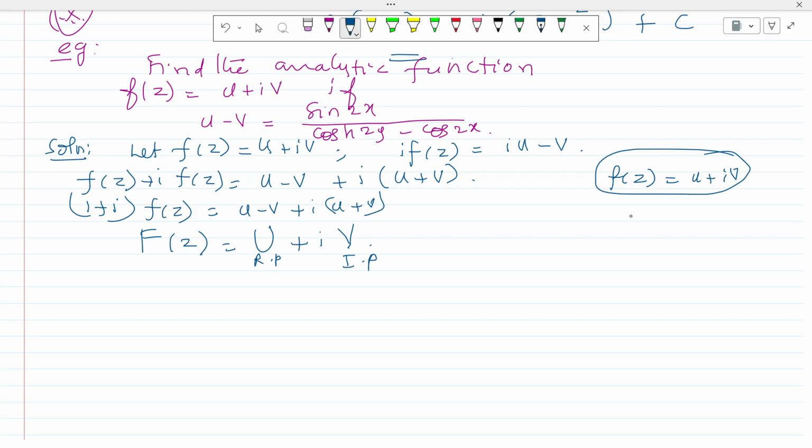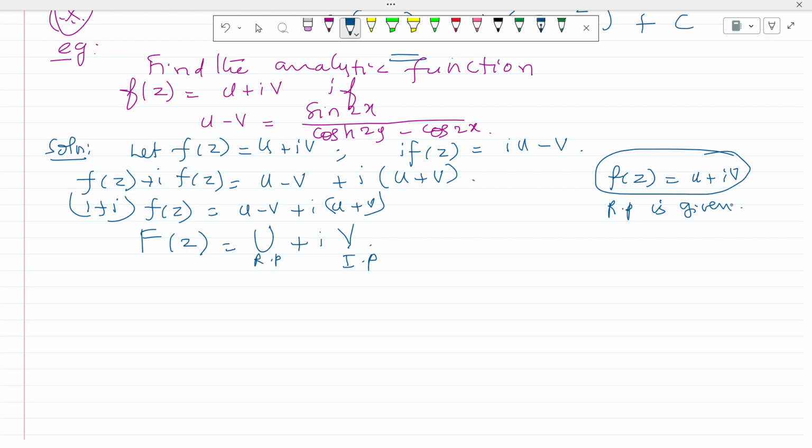In case only the real part is given, what is the procedure, you know? What is the procedure to construct the analytic function? I have given two cases. One is only the real part is given. Second one is only the imaginary part is given.